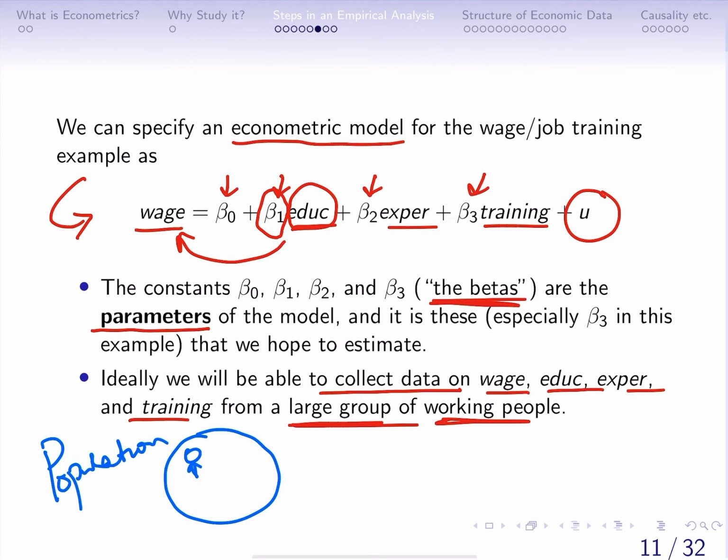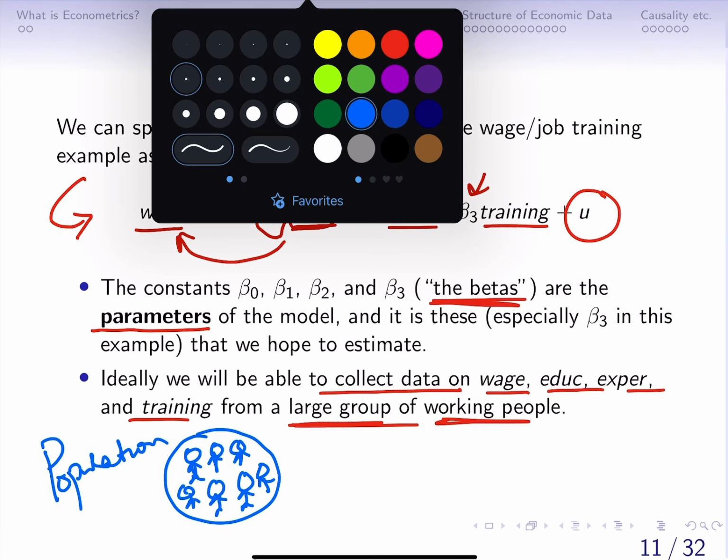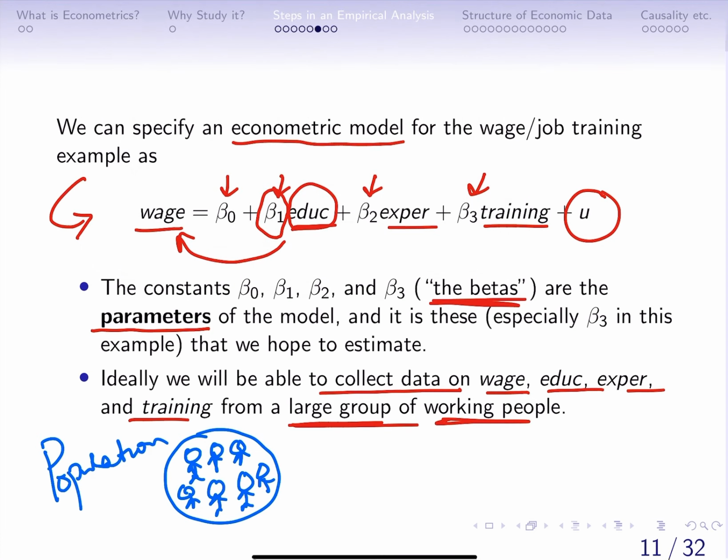So hopefully there's a large population, and what we want to do is pull some people from here randomly, and the pink ones are, let's say, the ones we pull into our sample, which is smaller than our population, and we hope to estimate that relationship.